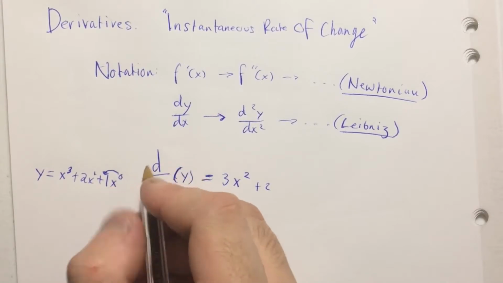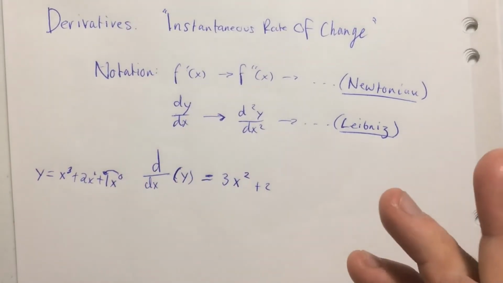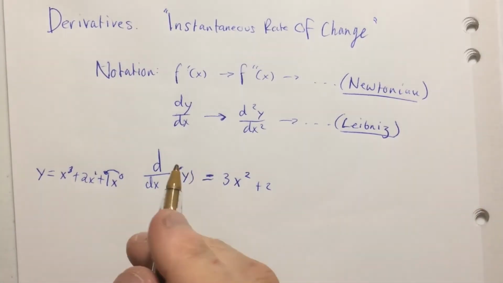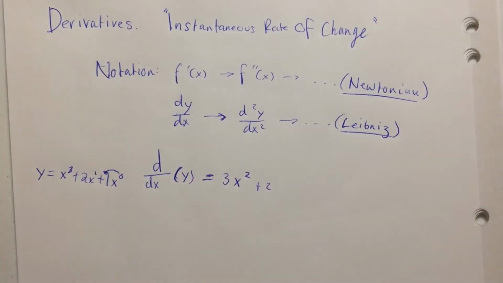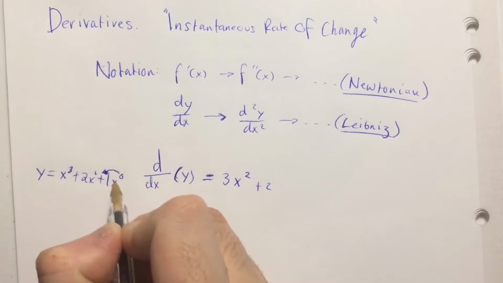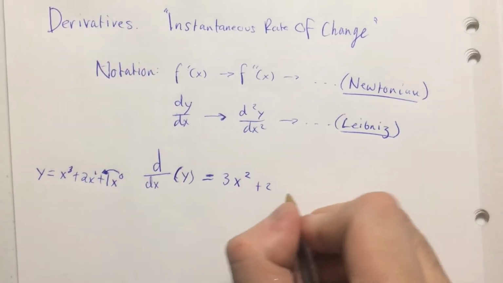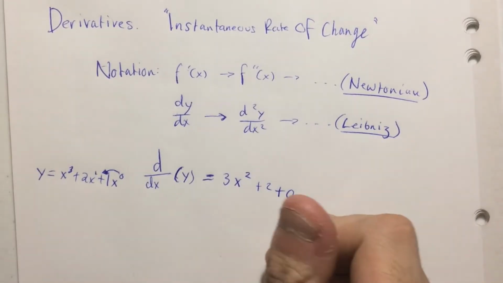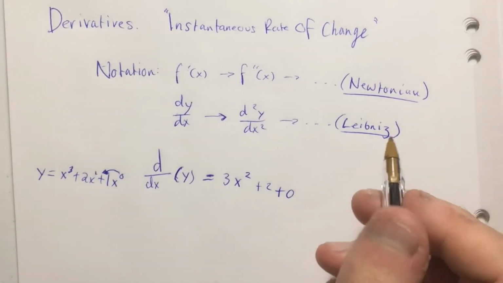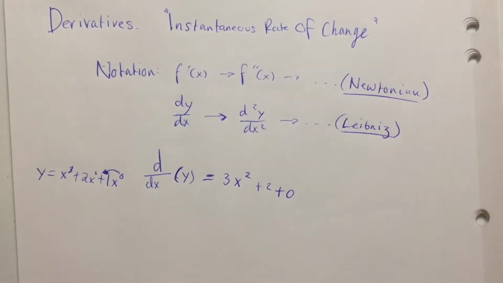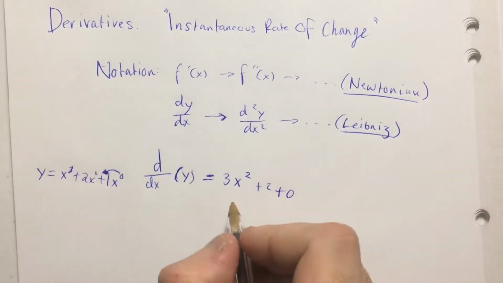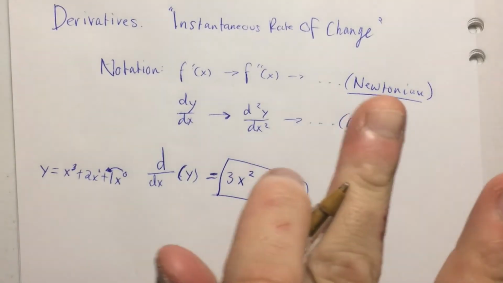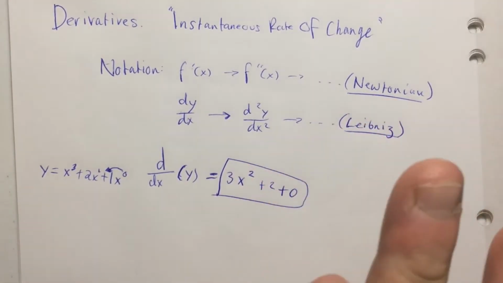The moral of the story is that when we're taking the derivative of a constant, it becomes 0. You wouldn't write it normally, but I'm going to write it anyway. And that's our final answer, our derivative right there. So we only had to use the power rule in this example.